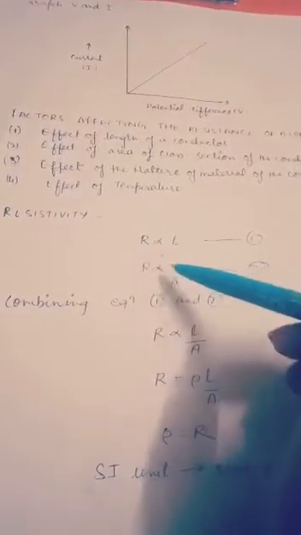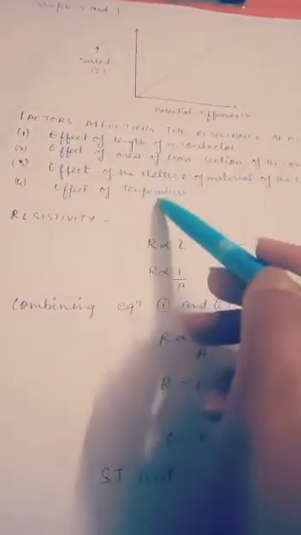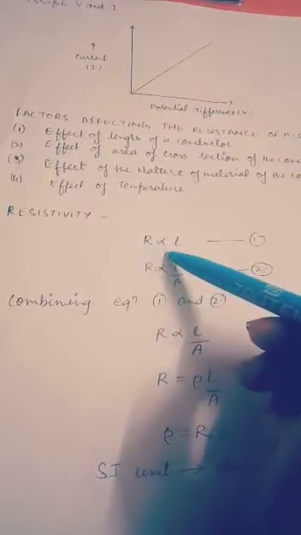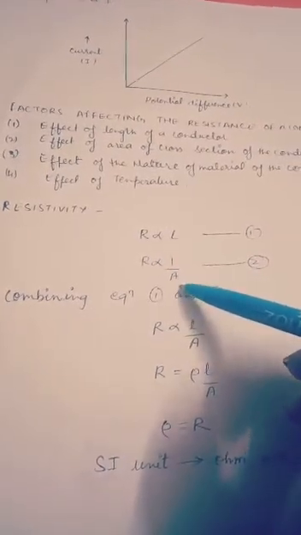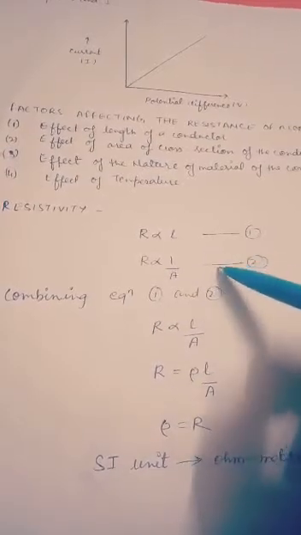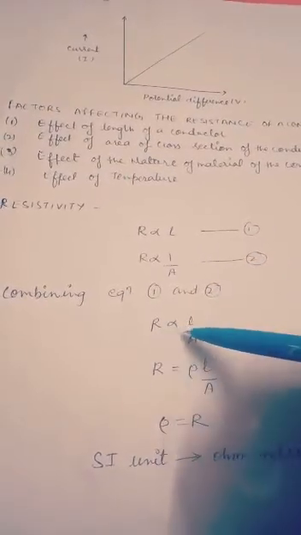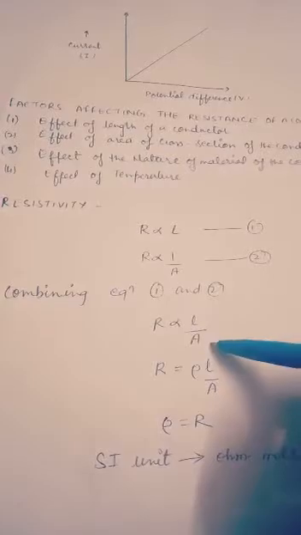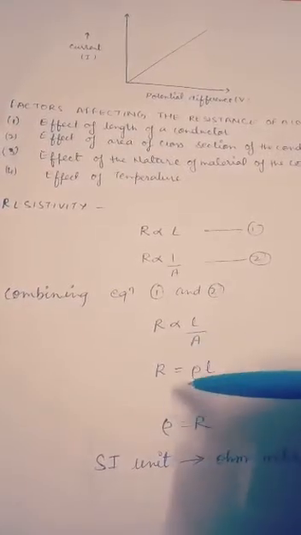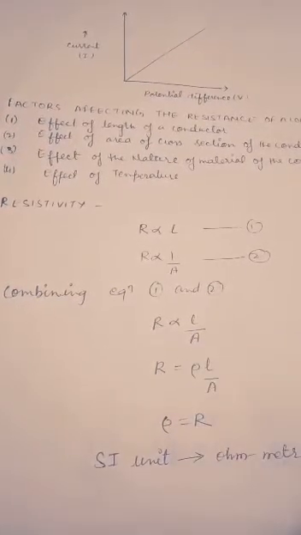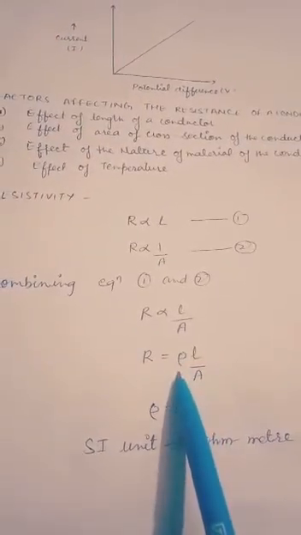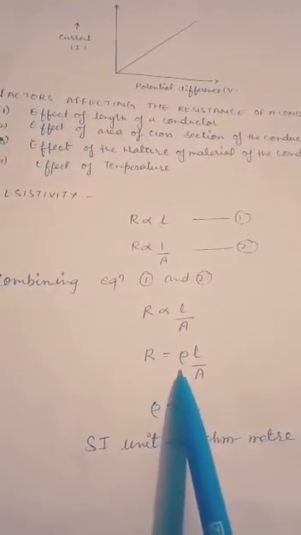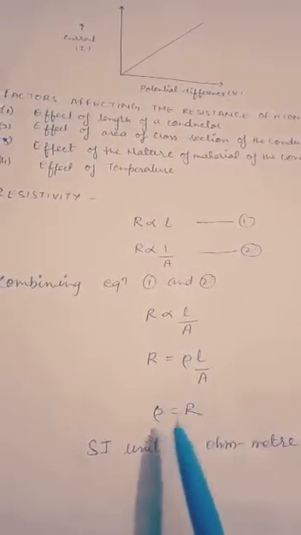Then resistivity. From here we can see R is directly proportional to L. R is inversely proportional to A, that is, to 1 upon A. If we join both these equations, we can say R is directly proportional to L upon A. Remove the proportionality sign. We are introducing one constant that is known as rho. This is the symbol of rho, R-H-O.